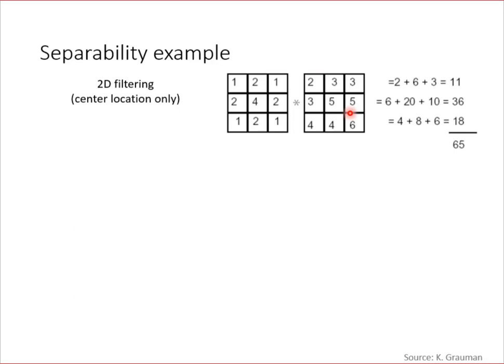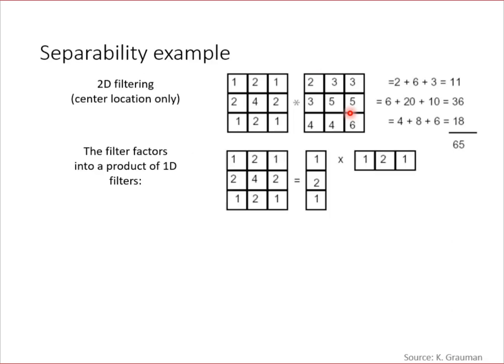And then if we separate the Gaussian filter into two 1D Gaussian filters like this, this is the vertical line and this is the horizontal line.